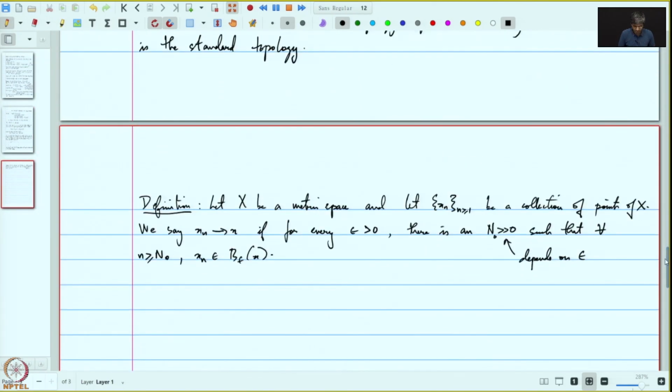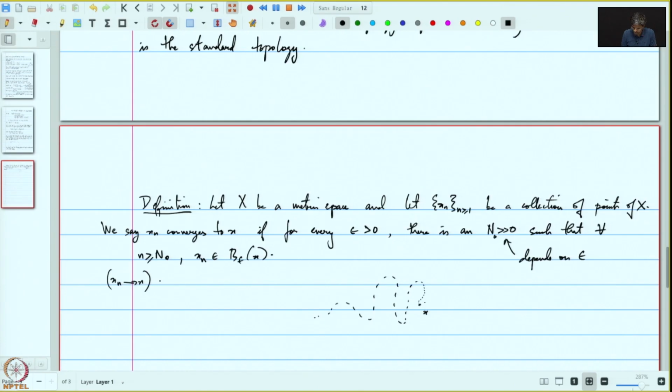Okay, so we say xn converges to x, and it is often written as xn arrow x. Roughly, if we have x here and a sequence of xn's, we want this sequence to get closer and closer to x as n tends to infinity, right.